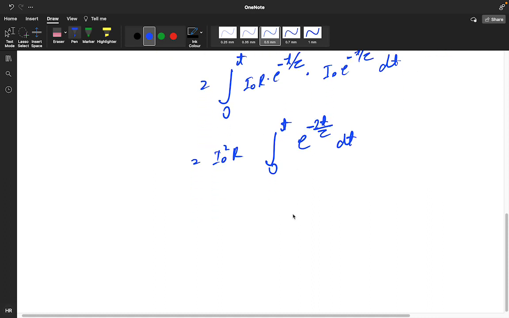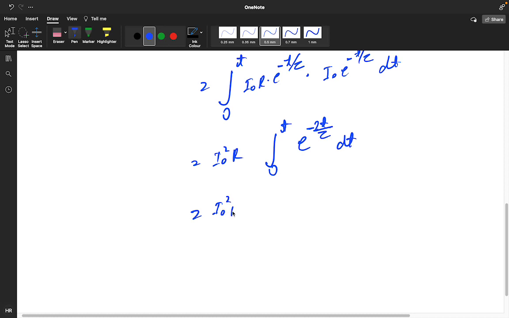Okay, so if you integrate this, I naught square into R, if you integrate e power minus 2t by tau from 0 to t, in integration what's happening? It will come 2 by tau, the constant is getting divided.